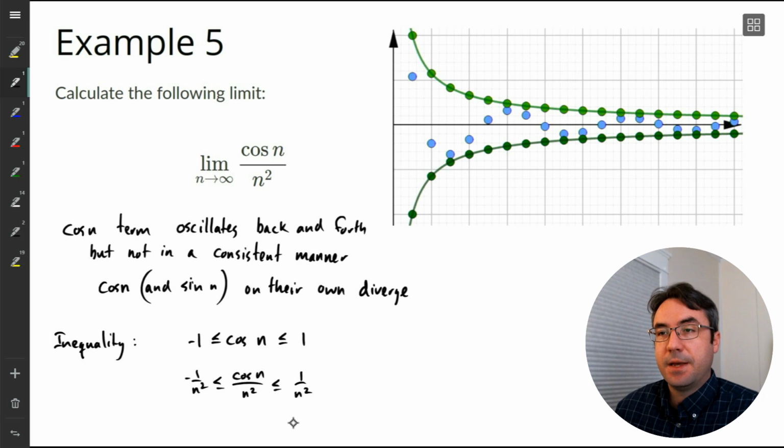And now we have this complicated sequence term in the middle, and we have these easier terms on either side of it. We know the limit of 1 over n squared goes to 0. We know the limit of -1 over n squared also goes to 0. And so the limit of this term in the middle must exist, and it must go to 0.